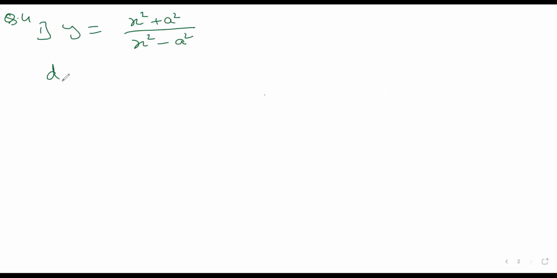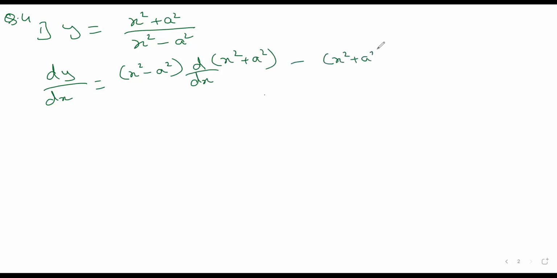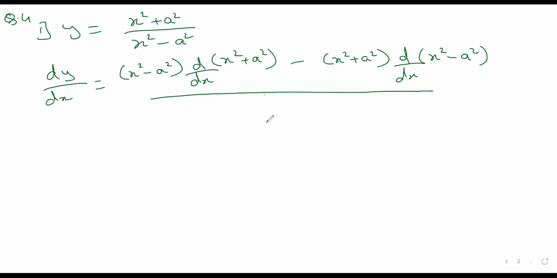Because this is f of x upon g of x, dy by dx is x square minus a square d/dx of x square plus a square minus x square plus a square d/dx of x square minus a square, whole thing upon x square minus a square bracket square.